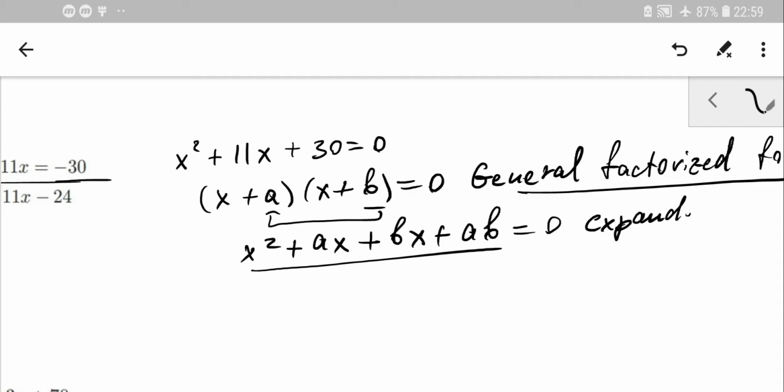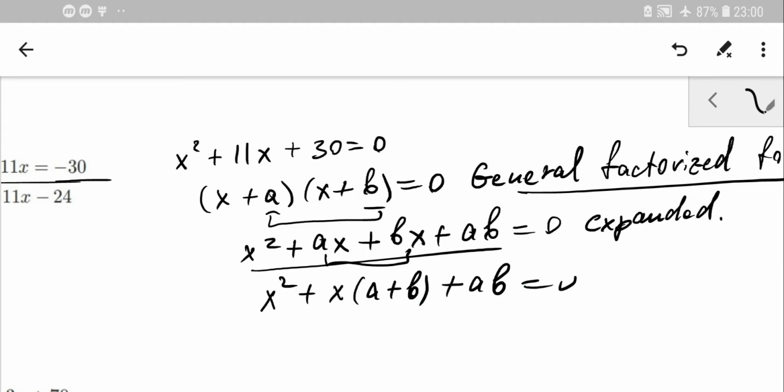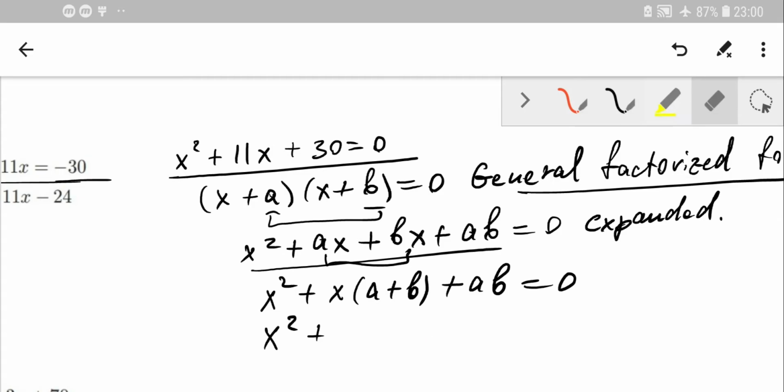Then we take ax plus bx and factorize x within that in order to have the same structure as you had here. So now let's compare x squared plus x times 11, or 11x, and then plus 30.